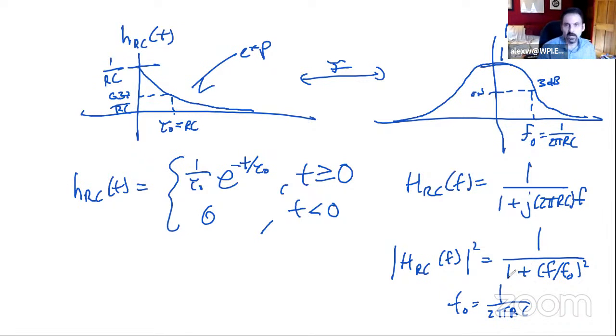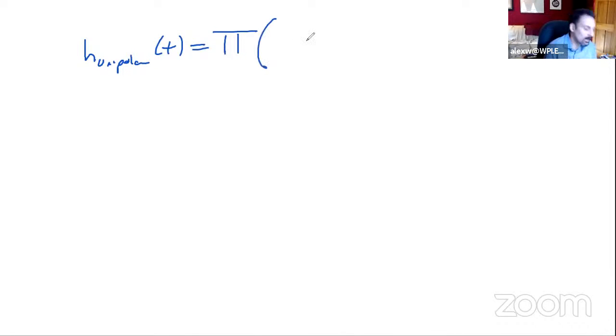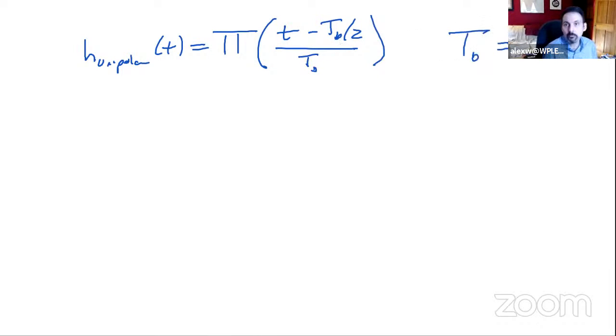So now, what's the next step? Well, I want the frequency representation of that unipolar thingy, right? So this guy, unipolar of t, what is that going to be equal to? Well, by definition, that's rectangle of (t minus TB over 2) over TB, right? And TB, in the binary world, is equal to TS, 1 bit per symbol.